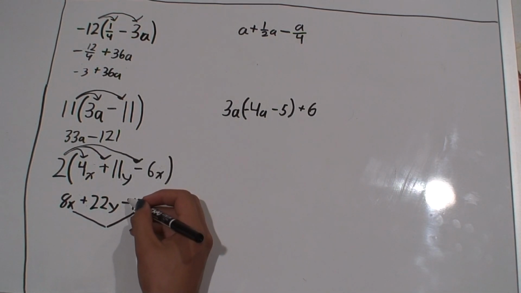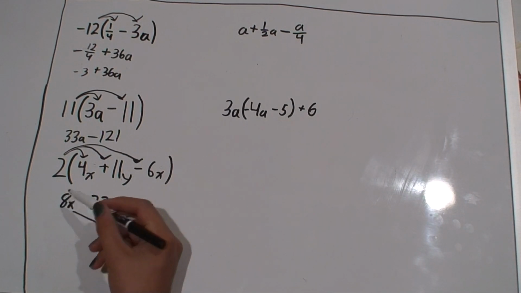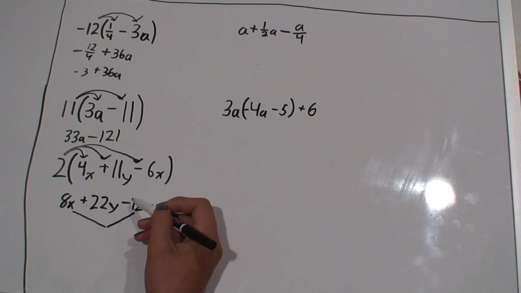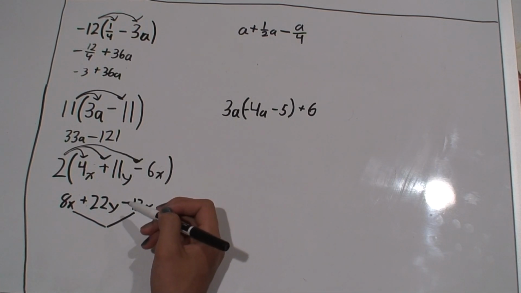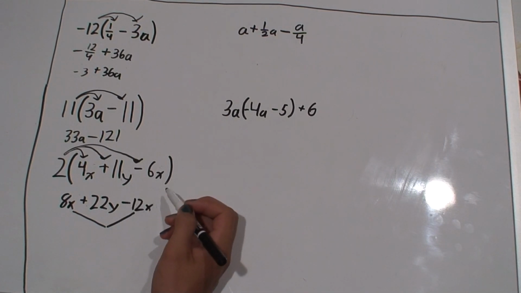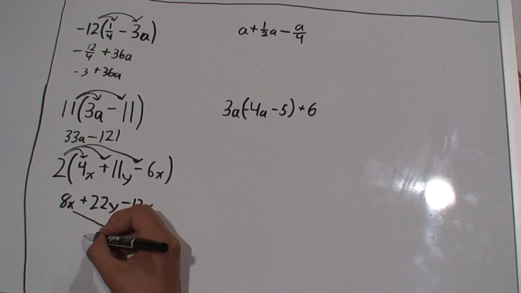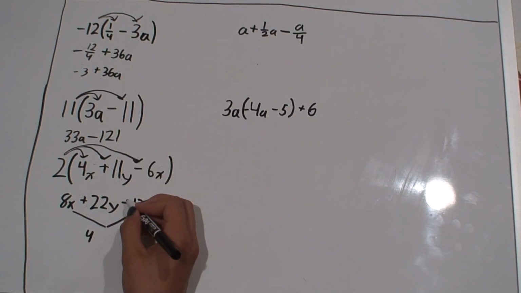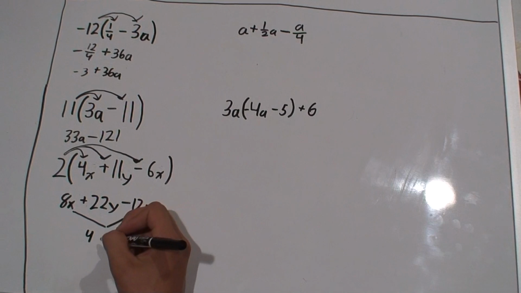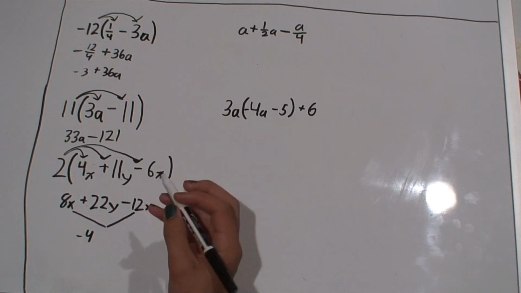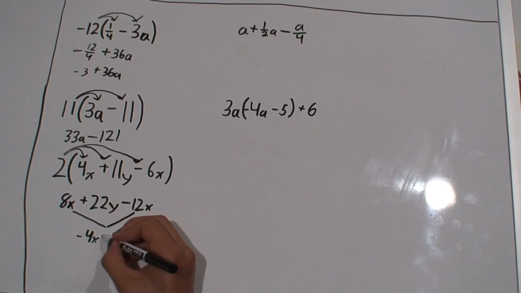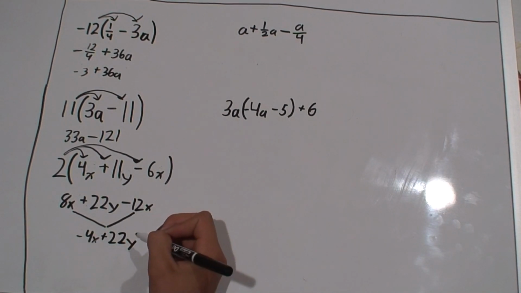We have a positive and a negative, so our way will be subtracting. So we have 4. The bigger number is the 12, so it will be negative 4x plus 22y.